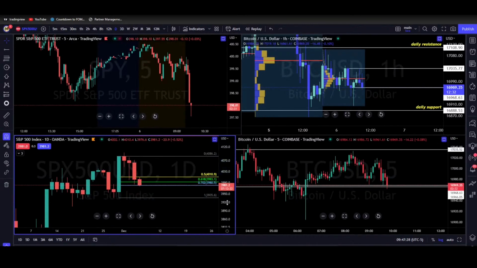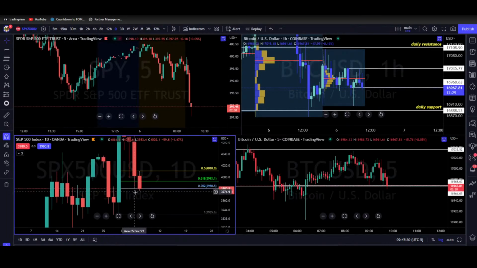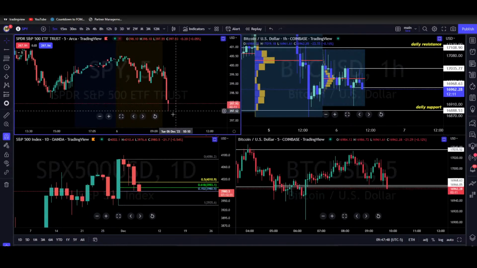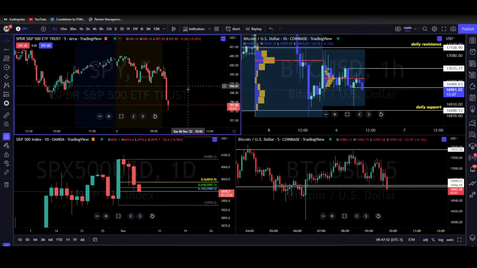Oh, perfect. Right into the 702. So this is about where I would expect support to come in. And then we would want to see this entire move get faded. Want to see it set in a low day and then slowly start to migrate back to the upside.